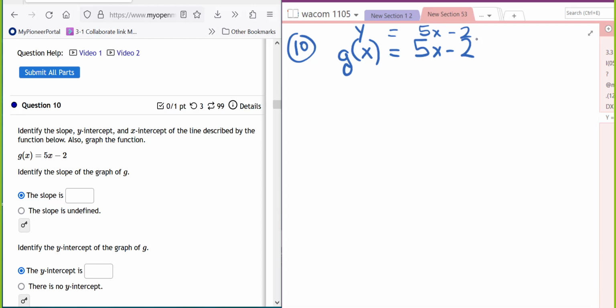You have to get slope-intercept form to be able to do that. And then you just replace the y with the function notation. All right, so they want us to identify the slope. Easiest question you'll ever get because it's in slope-intercept form. So your slope is 5.